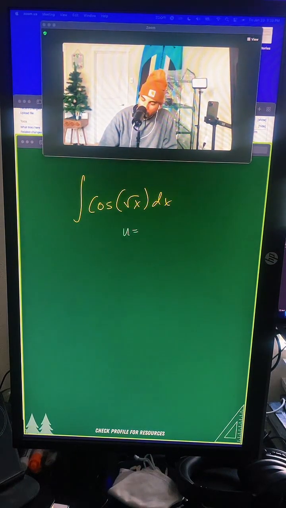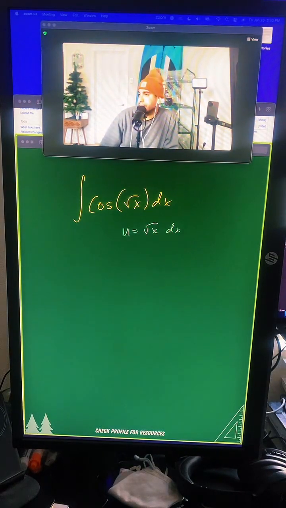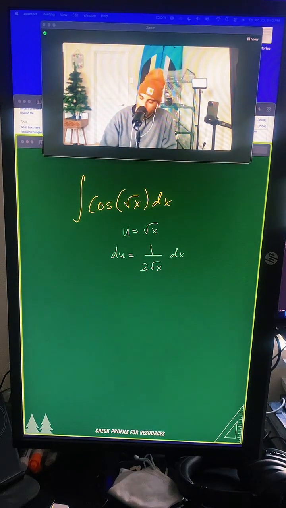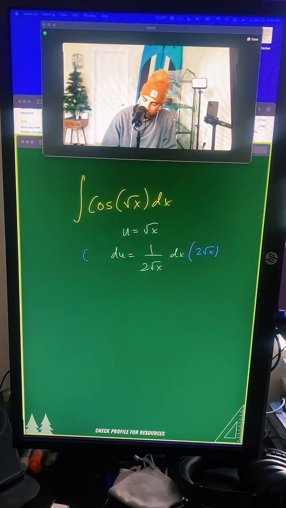So u is equal to root x, and that means that du is equal to 1 over 2 root x dx. As I like to do, I like to multiply the 2 root x to the other side.